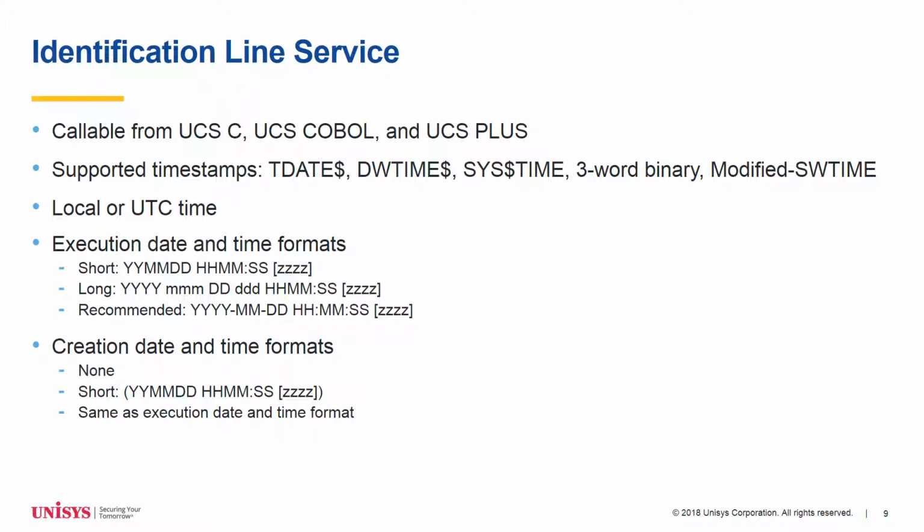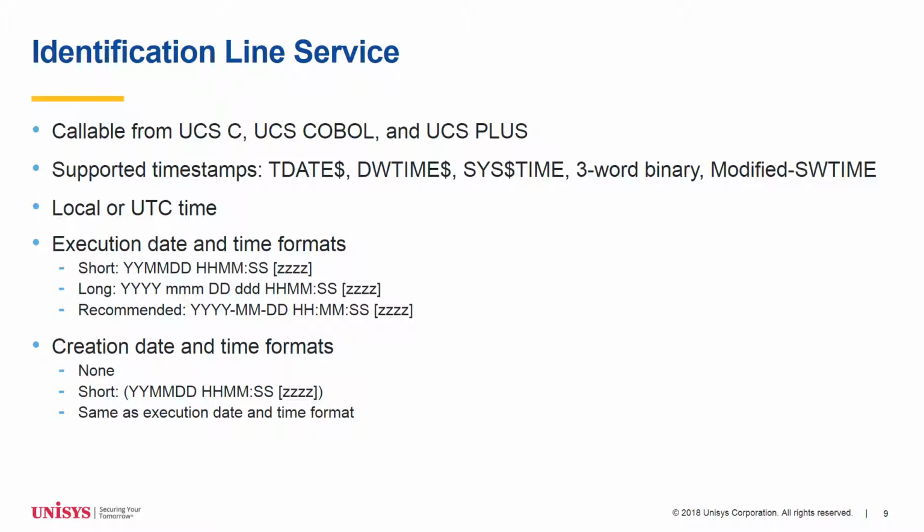Input creation and execution timestamps can be provided in TDate dollar, DW time dollar, sys dollar time, 3-word binary, and modified SW time format. Alternatively, the service can be directed to obtain the current date and time as the execution date and time.